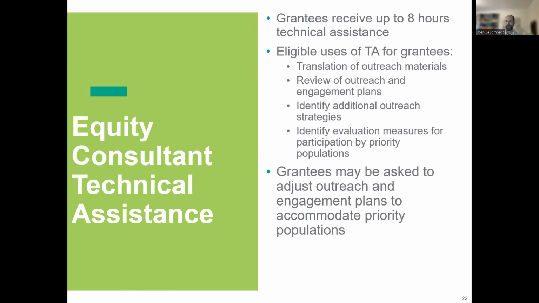So if you're awarded the grant, you can use your time to provide translation and outreach materials, to review outreach engagement plans, to identify additional outreach strategies, to identify evaluation measures for participation by priority population. So that's just a couple of examples.